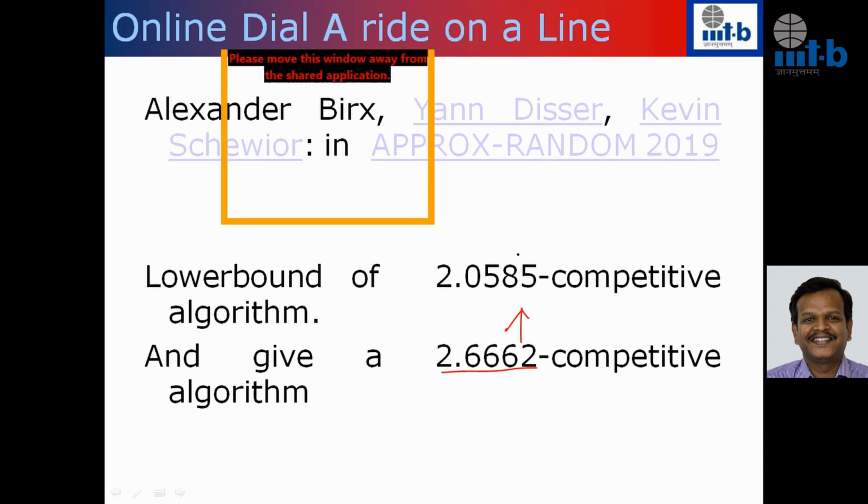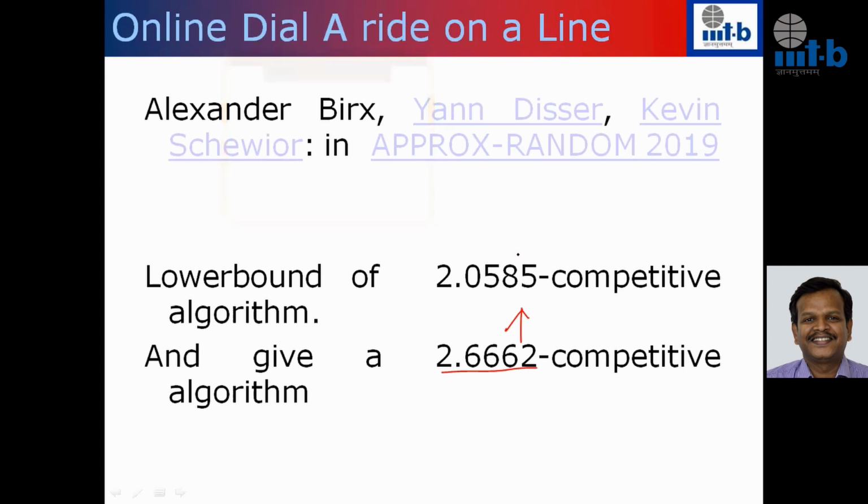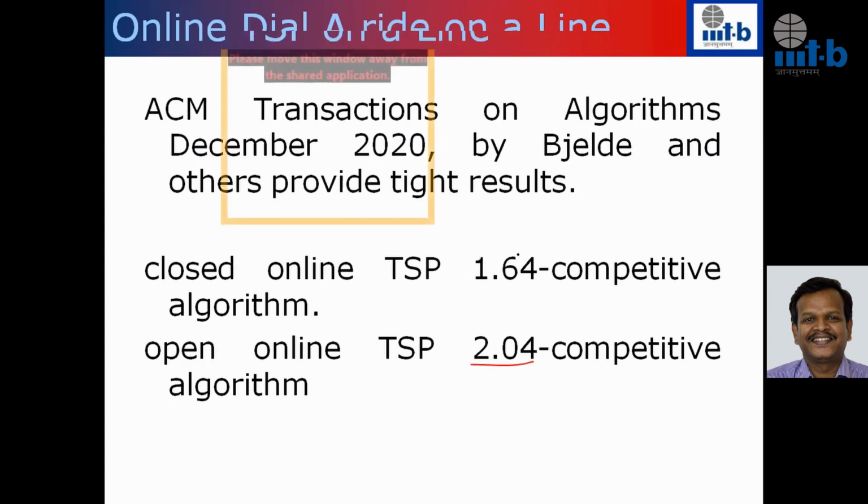The dial-a-ride problem on a circle is also an interesting thing, because the bounds that we have are different from this. And as I mentioned earlier, these papers don't consider the zealous case, where an online algorithm is not allowed to wait at some location.